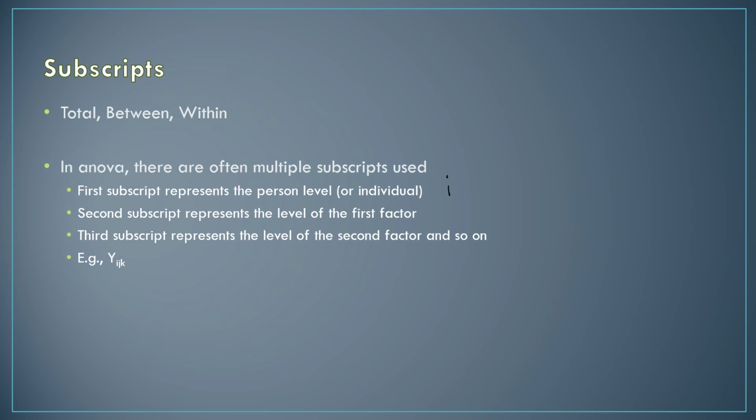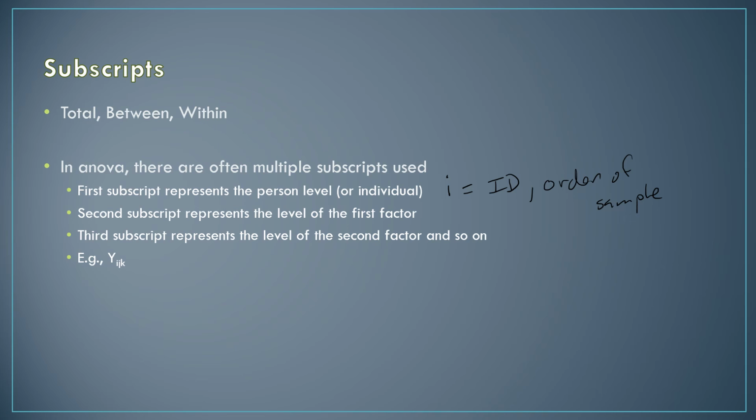If each of your individuals has a number or a value that you give them to designate who they are, like an ID, that would be their i value. This could be the ID, or just the order in the sample. Each individual would have one of these values, and that would go in this i position.